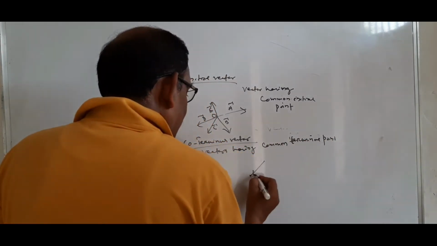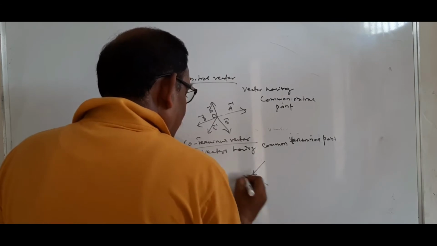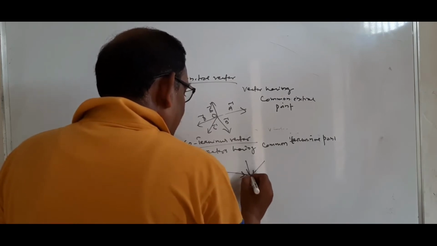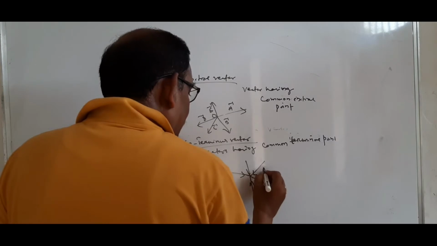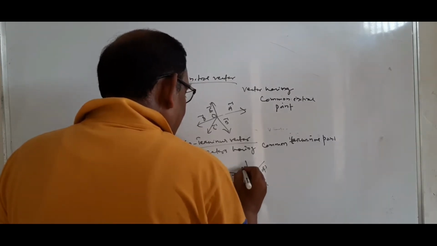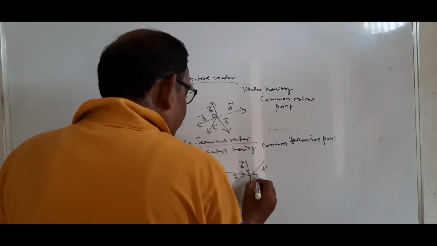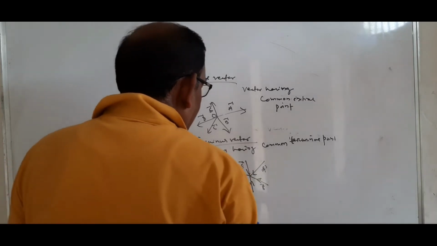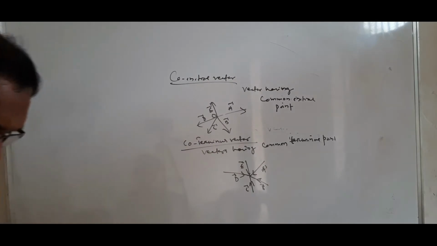Like this, they meet at a point. This is A, B, C, D, E. So they meet at one point. This is your coterminous vector.